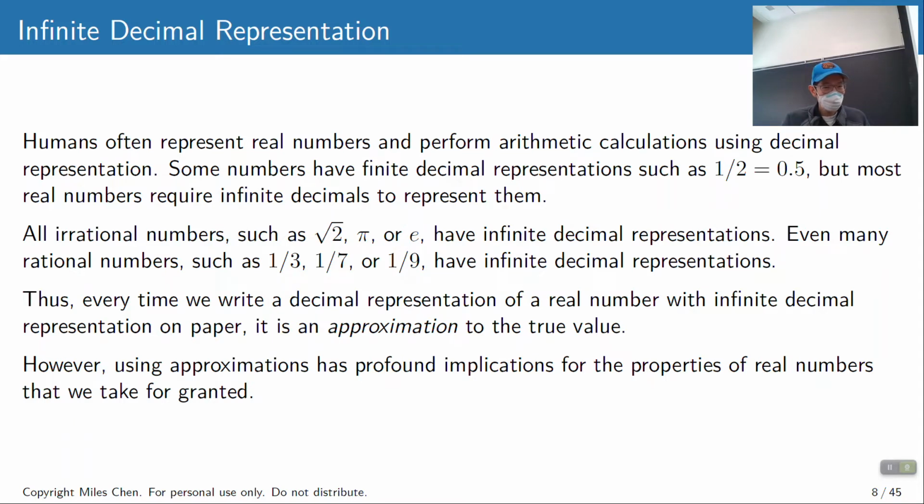And you have other irrational numbers, such as the square root of 2, or pi, or e, and these would have infinite decimal representations. Even rational numbers like 1/3 would have an infinite decimal representation. It's 0.3333333, and those threes go on to infinity.